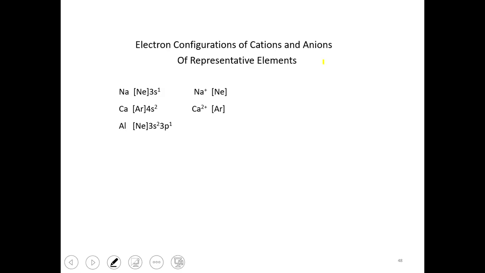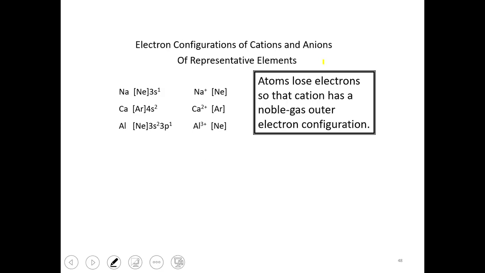But notice that it's more than that. It's more like it wants to have the electron configuration of neon, which, because it represents full shells, is more stable. So essentially what we're saying is that atoms lose electrons, particularly metals, so that the corresponding cation has a noble gas outer electron configuration.